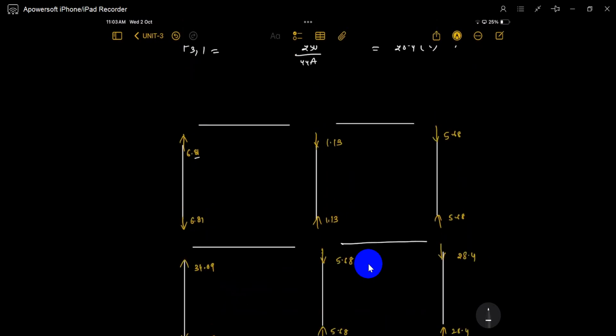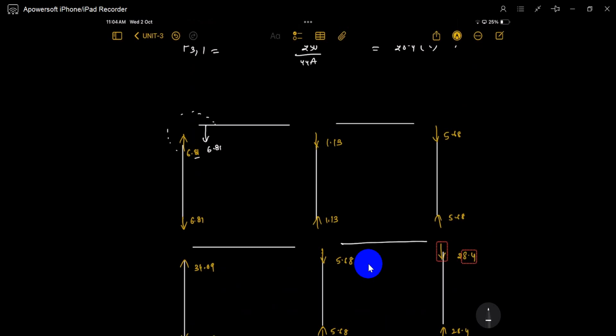It is 6.81. This is a joint, and you may consider it a joint. Joint must be in equilibrium, beam must be in equilibrium, column must be in equilibrium, as a part or as a whole. Only based on equilibrium, is the system moving? Not moving. The system is stable.